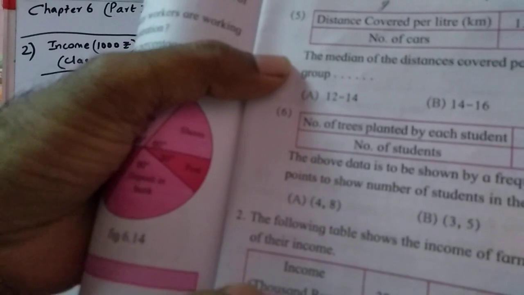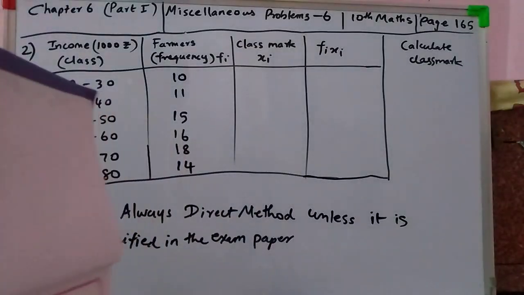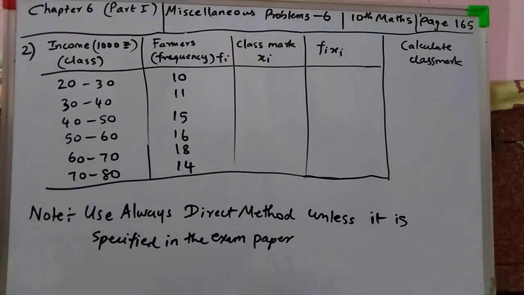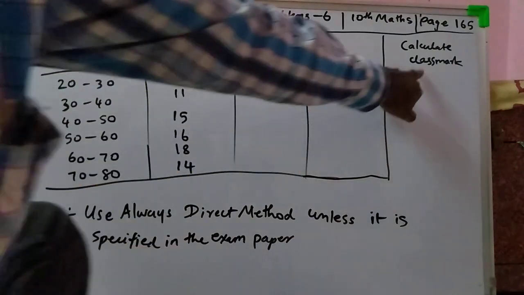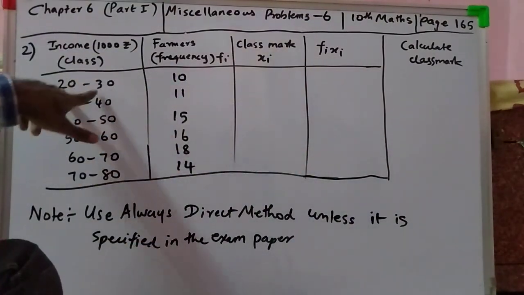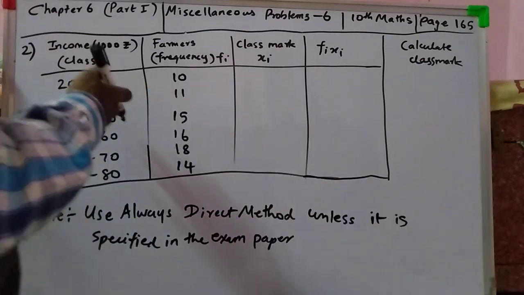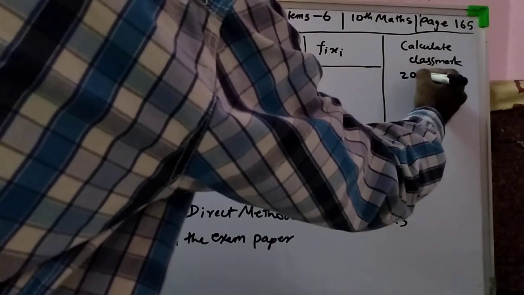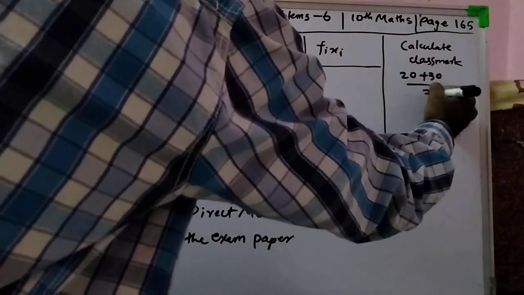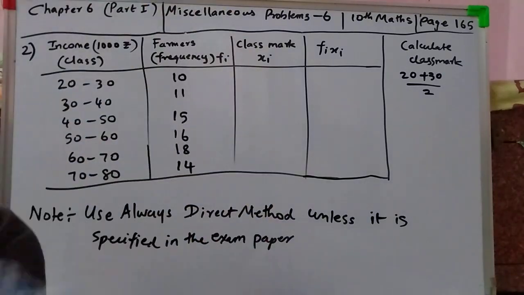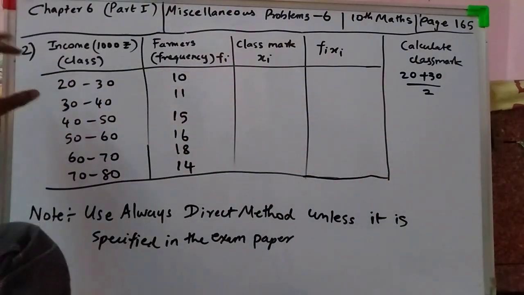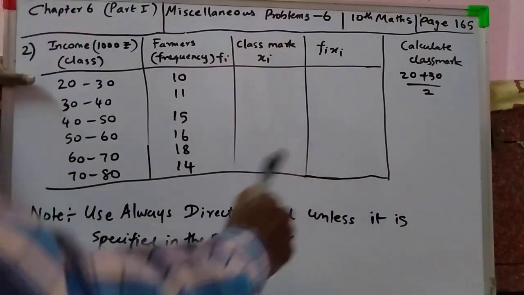Second problem, you have to find the mean. First we'll calculate the class mark. Class mark you have to find: add and divide by 2. 20 plus 30 divided by 2. But it is time consuming. We can use logic.